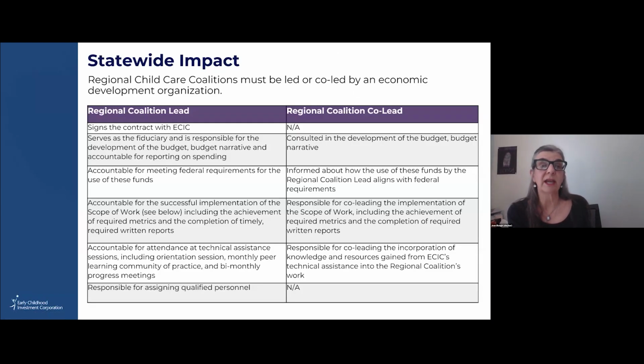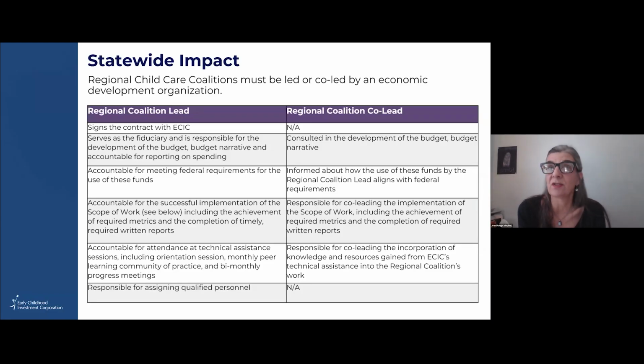The lead will also be accountable for attendance at our technical assistance sessions, and those will include an individual orientation session with each of the 10 coalitions that will ultimately be selected. It will include attendance at our monthly peer learning community of practice.